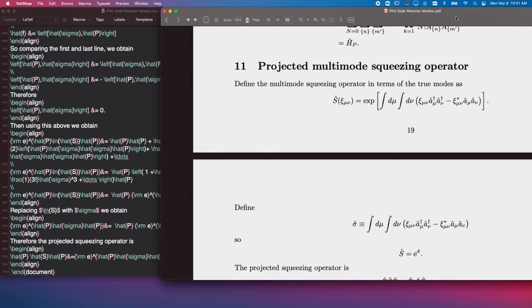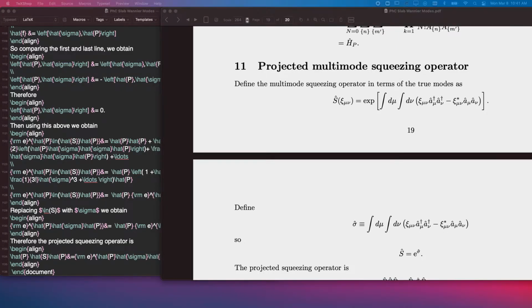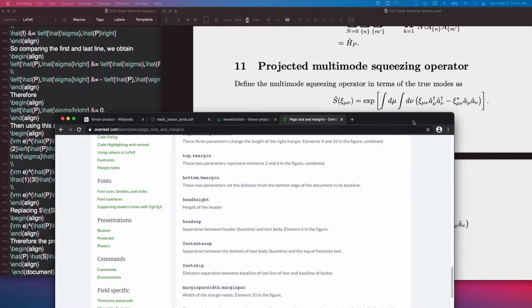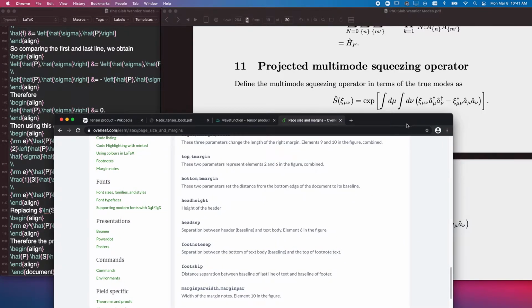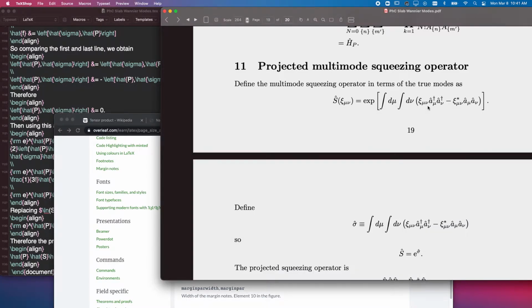What I'm going to do now is, finally, what I care about is using this photonic crystal for squeezed light generation.